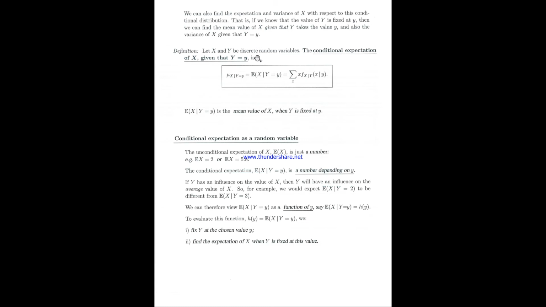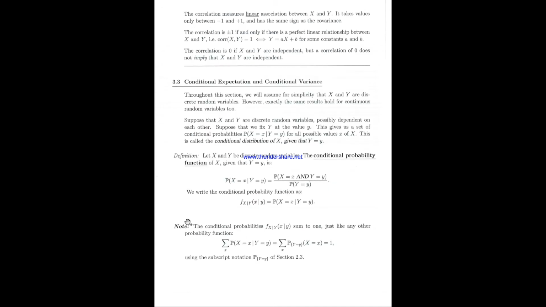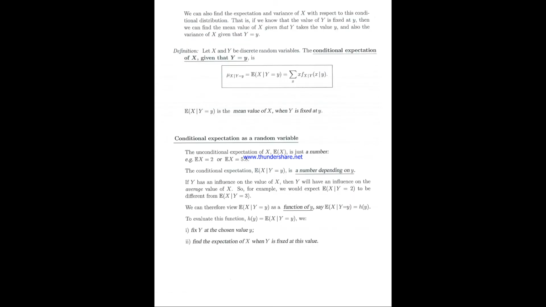When you have two random variables, we have now calculated the conditional distribution function, the conditional probabilities. Since we know the conditional distribution function, we can calculate the conditional expectations as well.